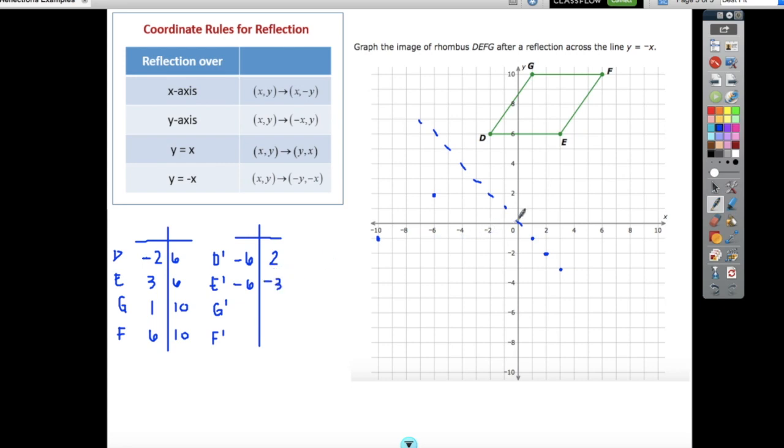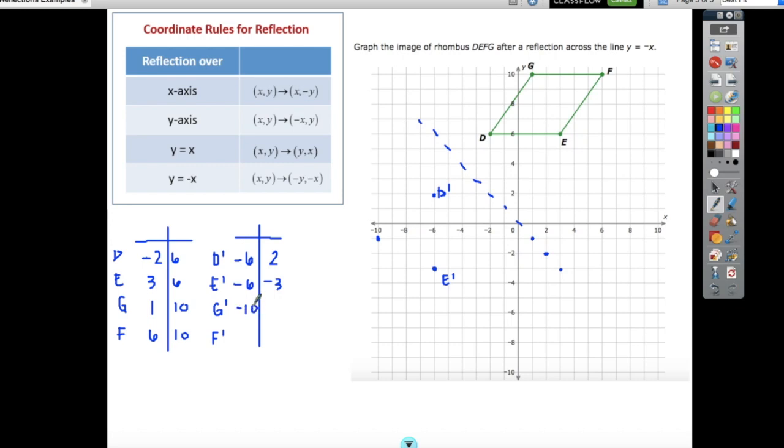And we haven't graphed that one yet, so I'll do that. -6, -3. And that's our E prime. This was our D prime. Okay, G prime. 1, 10, if we switch those and then they're both positive, they will both become negative.